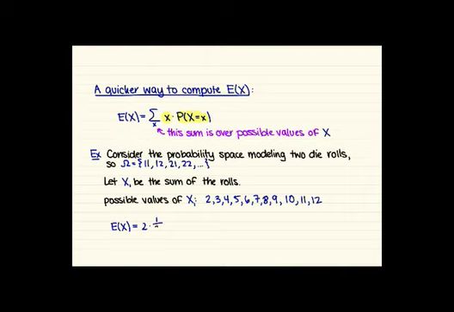So that's going to be 1 over 36, plus 3 times the probability that we get 3. The different ways that we can get 3 are 1 plus 2 or 2 plus 1, so we've got 2 over 36 there, plus 4 times the probability that we get 4.